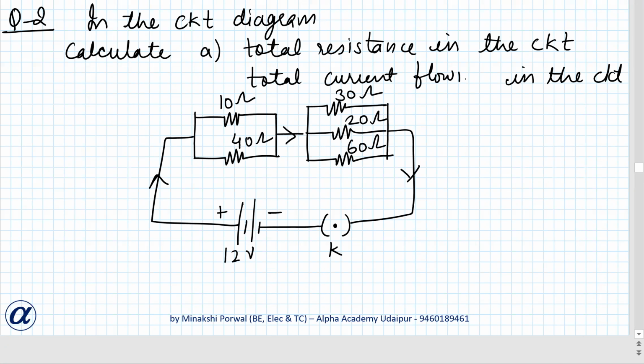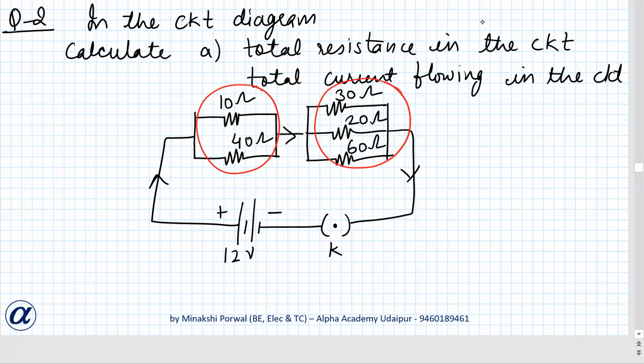Both you have to find. So all of you try. So here, if you will observe, you will find that these two resistances are in parallel, these three resistances are in parallel, and the resultant combination is in series. Okay.